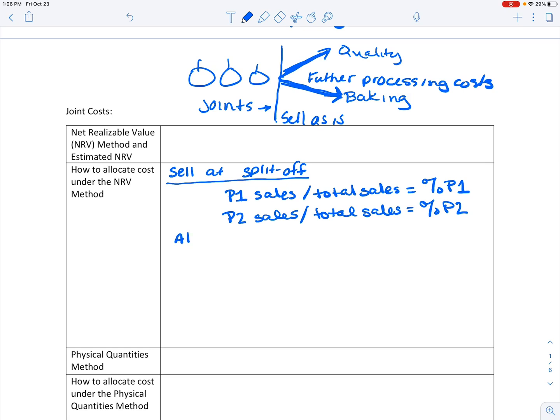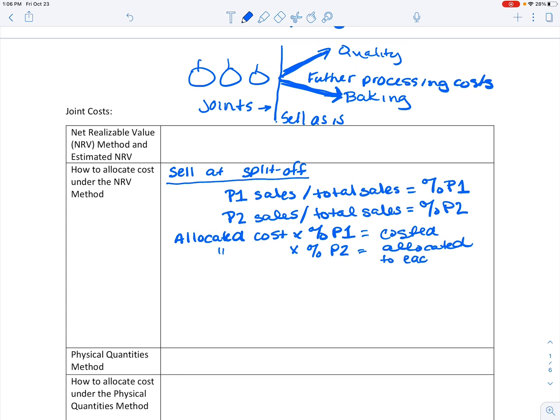And then we're just going to take those allocated costs, which they're going to give to you, and times it by the percentage for product one, and then do the same thing times that percentage for product two to find the costs that are allocated to each product. So that's simple if we sell it at that split off, which is right at this point here.